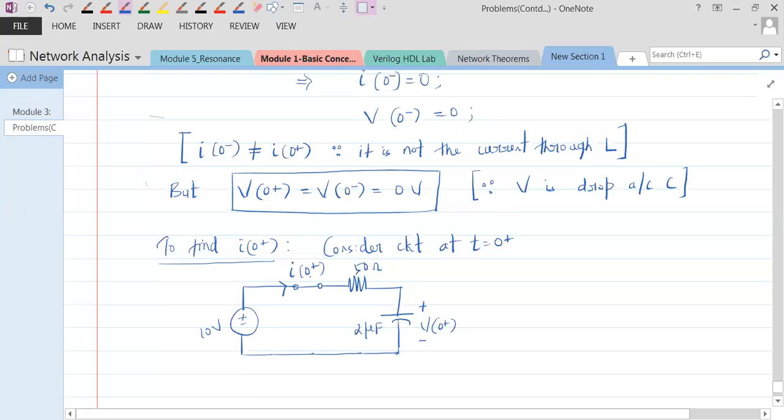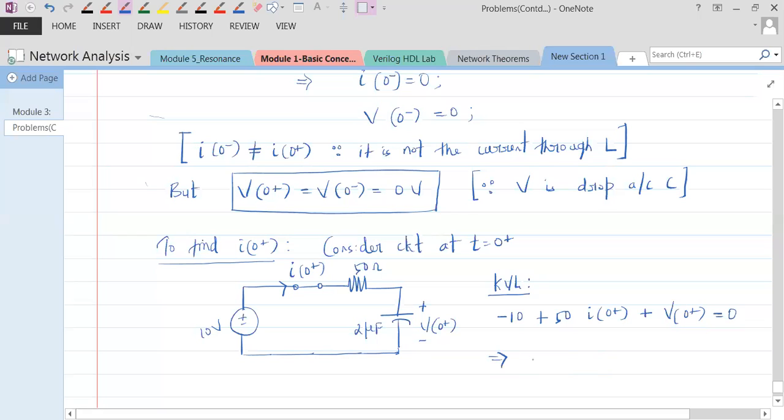So can we find I of 0 plus now by applying the KVL? KVL implies minus 10 plus 50 into I of 0 plus, plus we shall directly write V of 0 plus, because in the previous step we have found that out. So the algebraic sum of all this would give you 0.